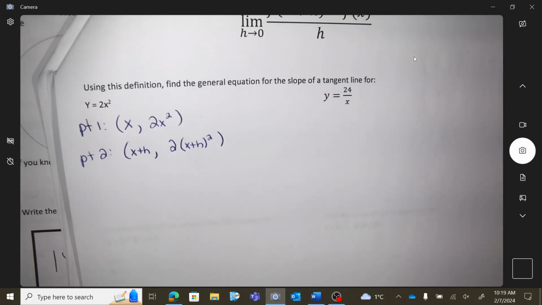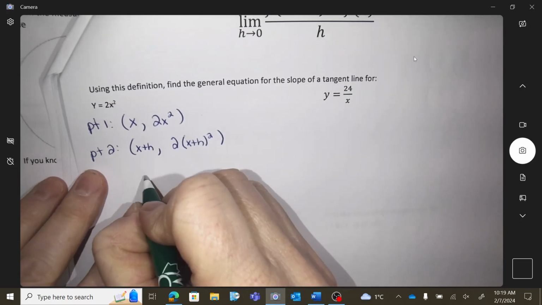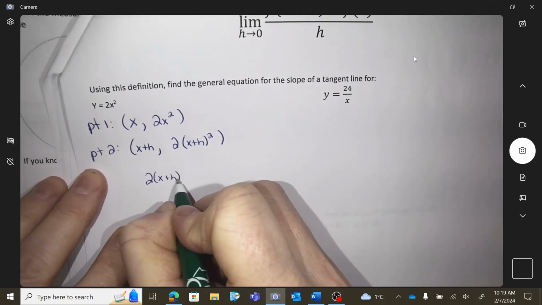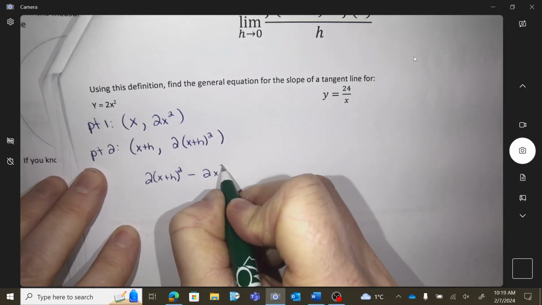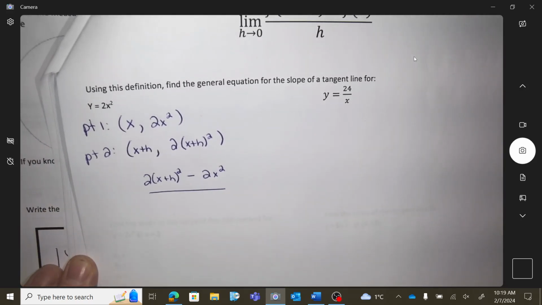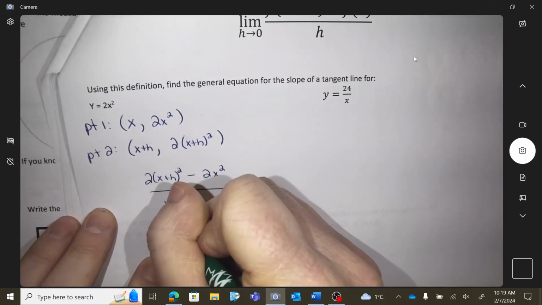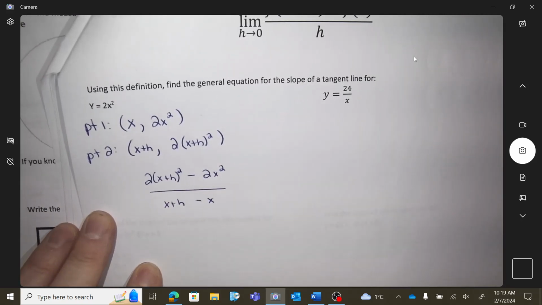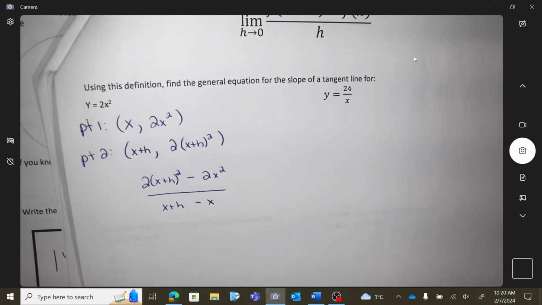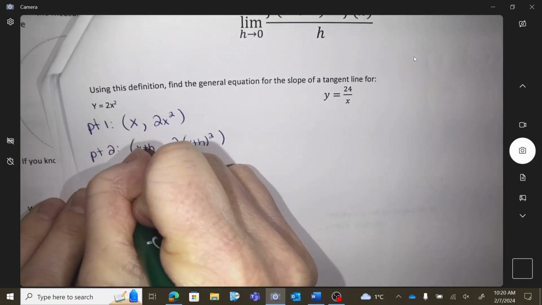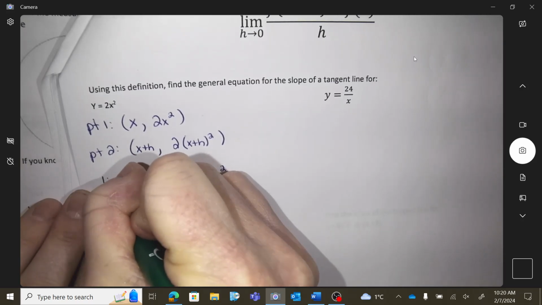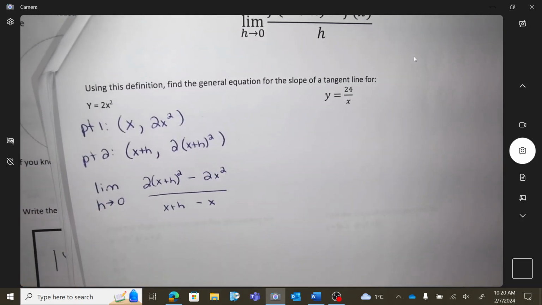Okay, so give me a slope formula. So y2 minus y1 over x2 minus x1. Okay, what's the point of this? We're going to do the limit of this as the h space gets closer to 0, because we don't want space between those 2 points.